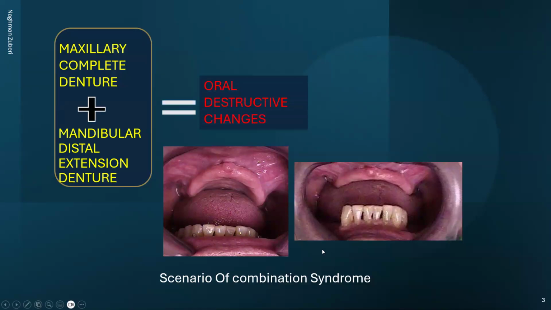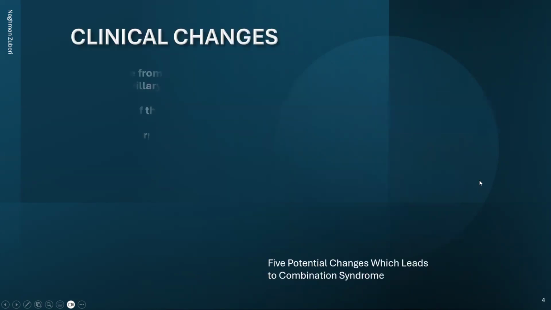So that causes oral destructive changes. This is the situation in the patient's mouth: upper completely edentulous, lower distal extension, Kennedy's class 1. It could be class 2 as well, only unilateral. So it becomes a combination syndrome.